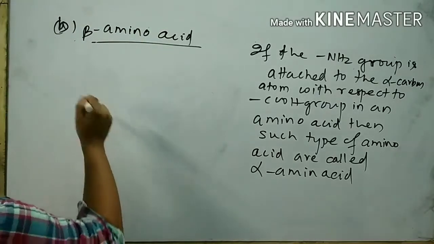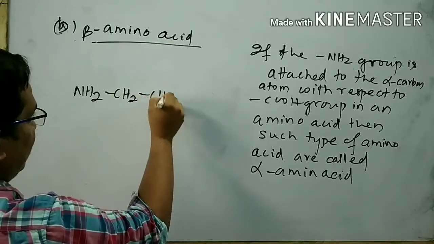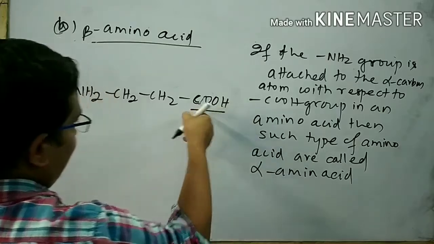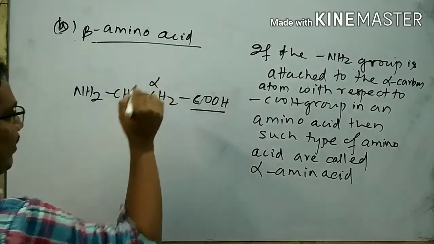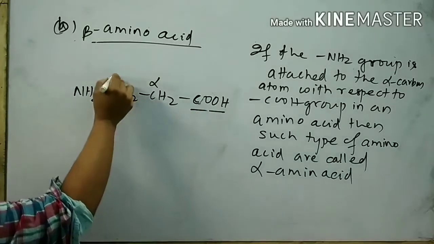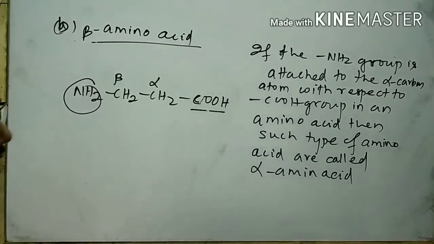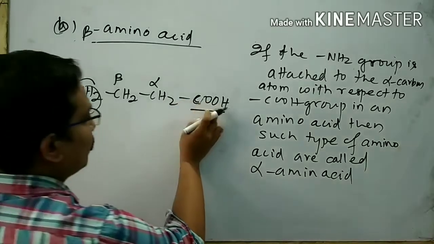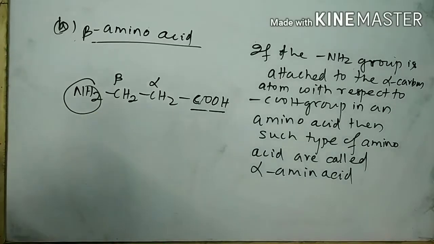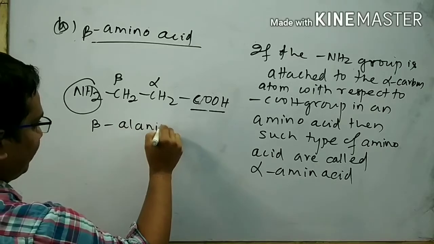Take an example of a beta amino acid, NH2-CH2-CH2-COOH. This is the carboxylic group and this is the alpha carbon with respect to this functional group. This is the beta carbon, and NH2 is attached to the beta carbon with respect to the COOH group, so it belongs to the beta amino acid, and the name of this compound is beta alanine.